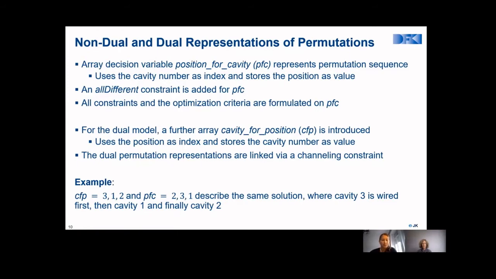The dual permutation representations are then linked via a channeling constraint. As an example, if we have CFP equal to 312 and PFC equal to 231, then these 2 arrays describe the same solution, where the cavity 3 is wired first, then cavity 1, and finally cavity 2.